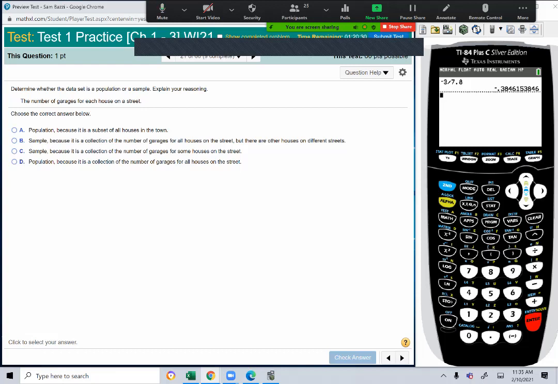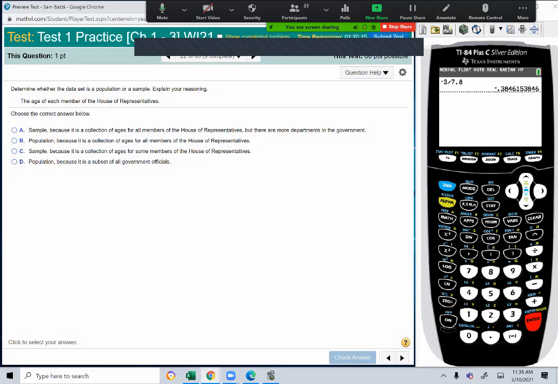The number of garages for each house on a street. Population, because every single house on the street. Determine whether the data set is a population or a sample and explain your reasoning. The age of each member of the House of Representatives. Population. Yep.